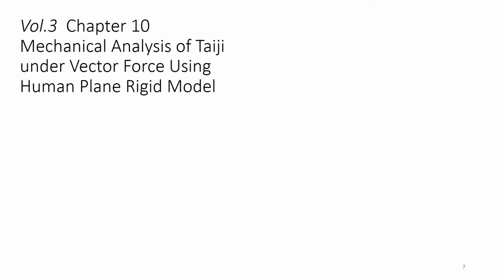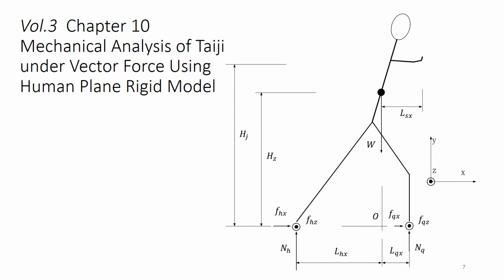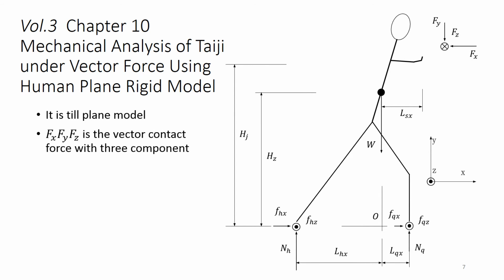Chapter 10. Mechanical analysis of Taiji under vector force using human plane rigid model. It is still plane model. Fx, Fy, Fz is the vector contact force with 3 components.